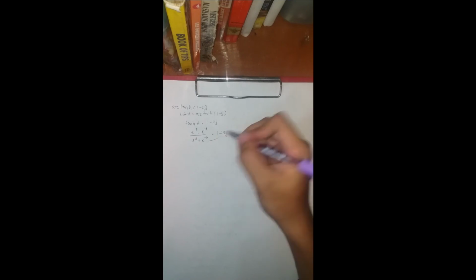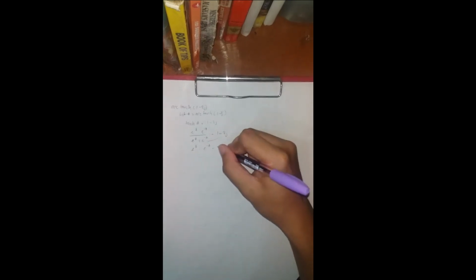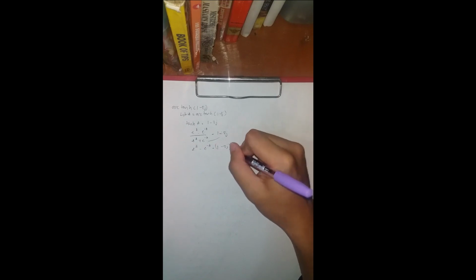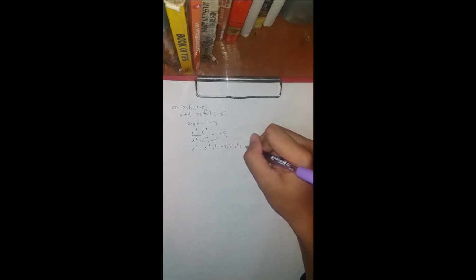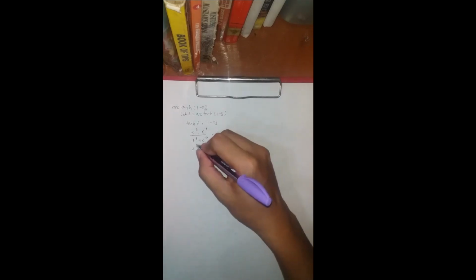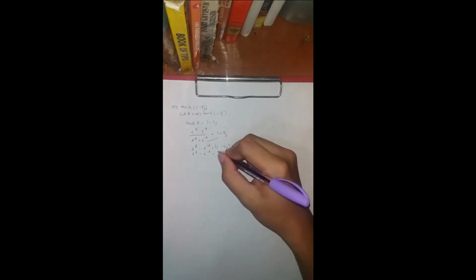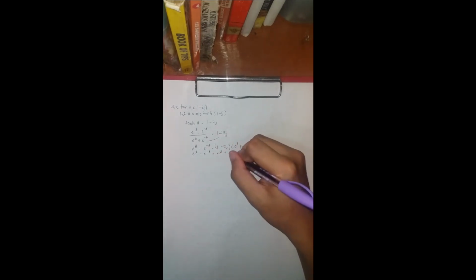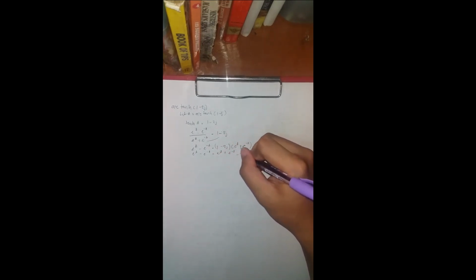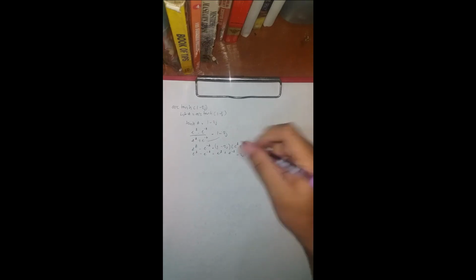Multiply this to the other side, so we have e raised to a minus e raised to negative a equals 1 minus 2j times e raised to a plus e raised to negative a. Simplified further, e raised to a minus e raised to negative a equals e raised to a plus e raised to negative a minus 2j e raised to a plus 2j e raised to negative a.